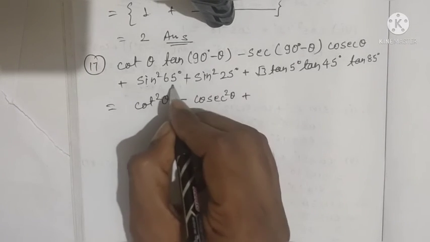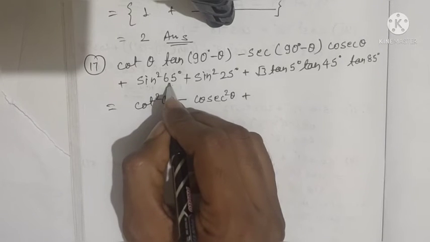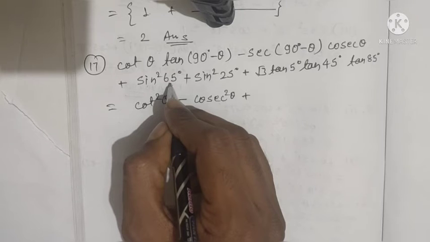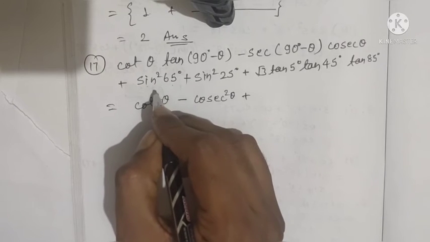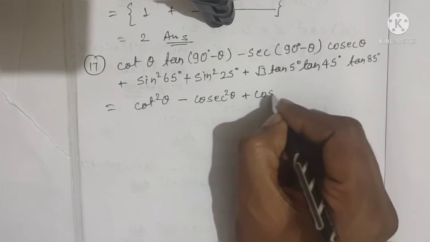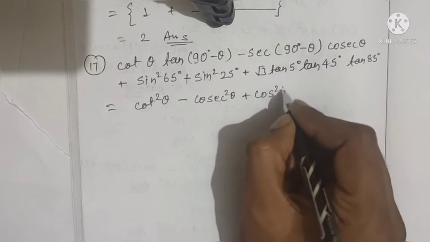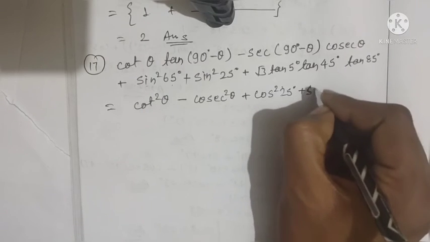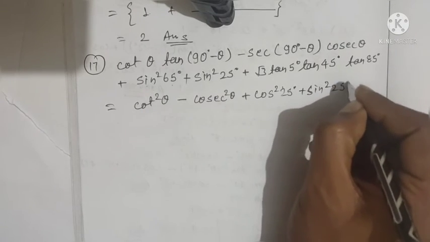Plus sin square 65 degree means sin 65 degree whole square, and sin 65 degree is equal to sin (90 degree minus 25 degree), that means cos 25 degree, hence it will be cos square 25 degree, plus sin square 25 degree.